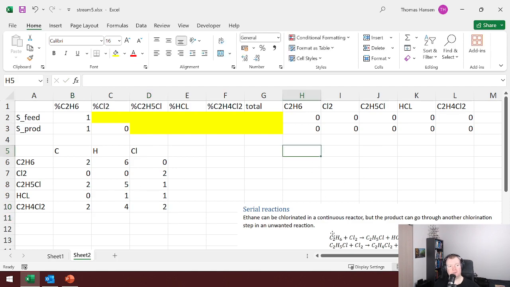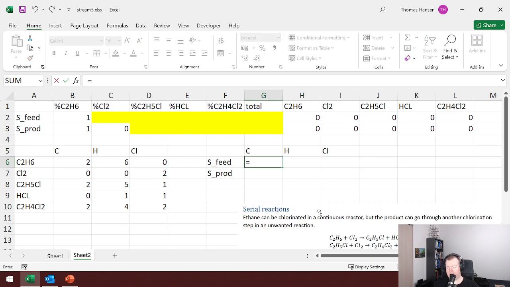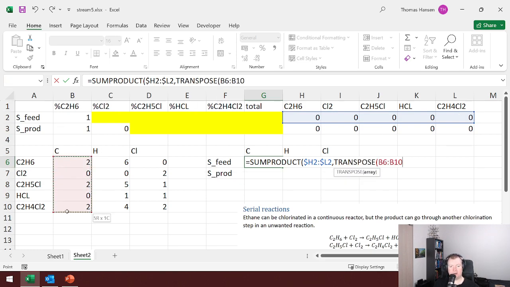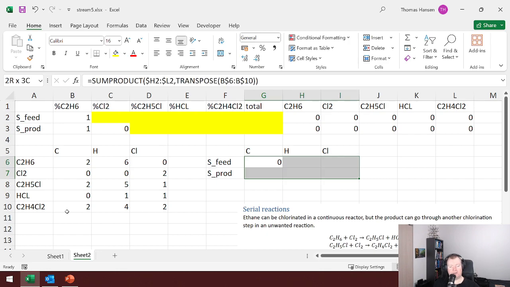There we go. And again, for my feed and product streams, I can do a carbon, hydrogen, and chlorine balance by using the sum product of my first array and my transpose of my second array over there. Finish that off, fill right and down.